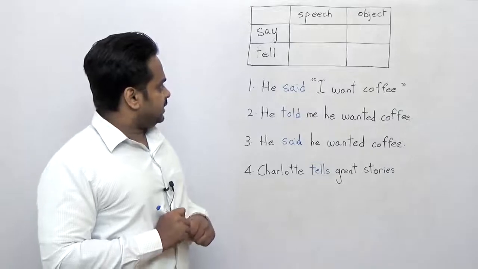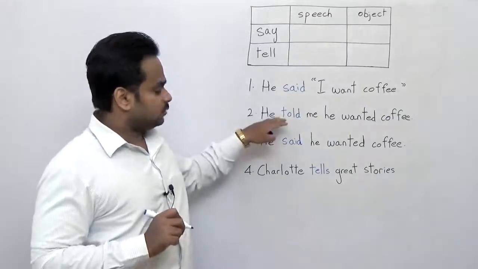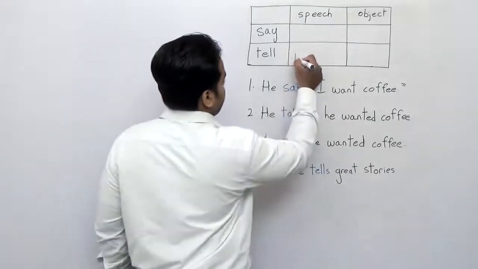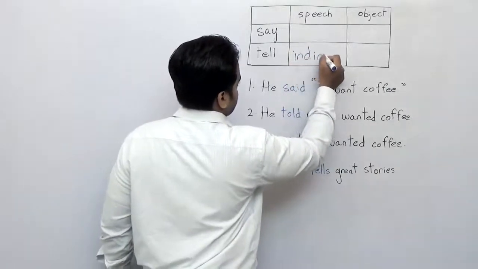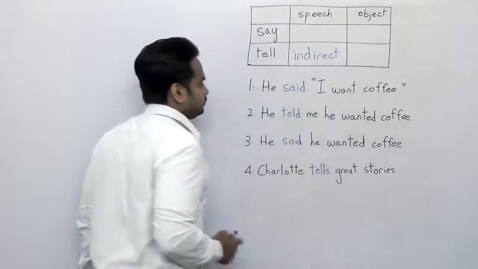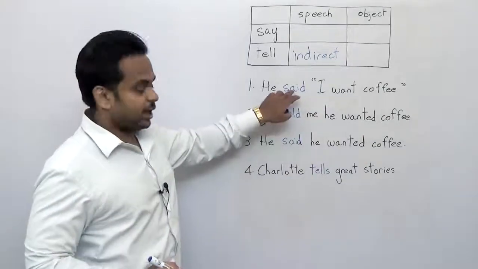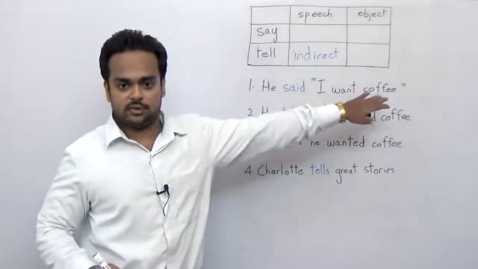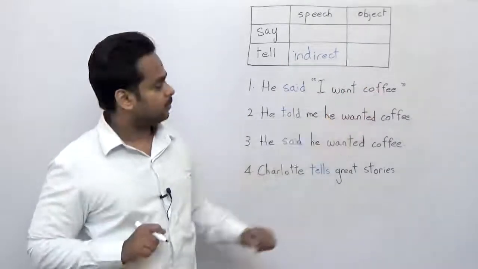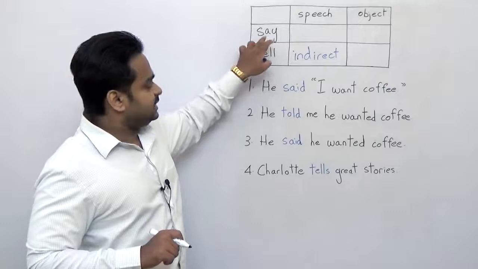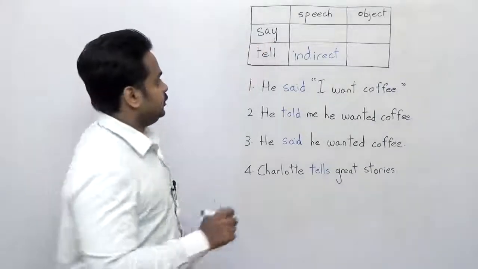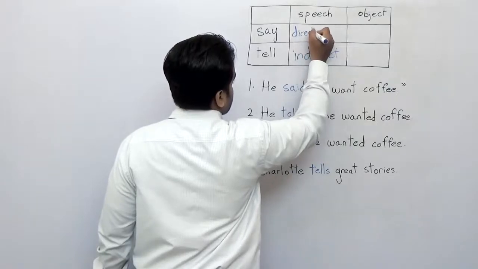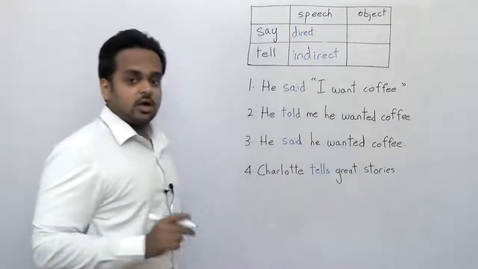So this means that if you're using tell, then you must use indirect speech. So here you cannot use tell. You cannot say, he told me I want coffee. That's wrong. So when you use say, you use direct speech.